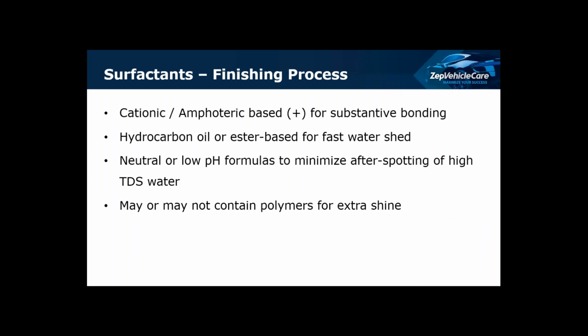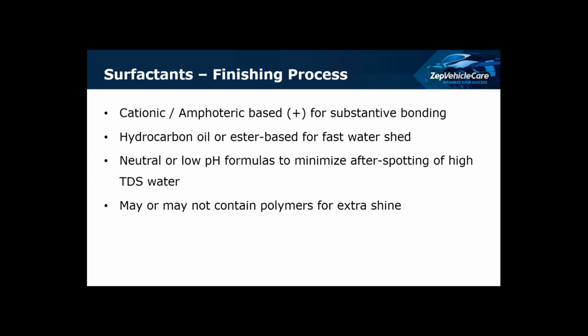So cationic surfactants in the finishing process, your cationics and your amphoterics, they help for what we refer to as substantive bonding. They want to grab onto the surface, and then the other end of their molecule will stick up in the air, which helps to repel water, so you can rinse and get water off the car very quickly.